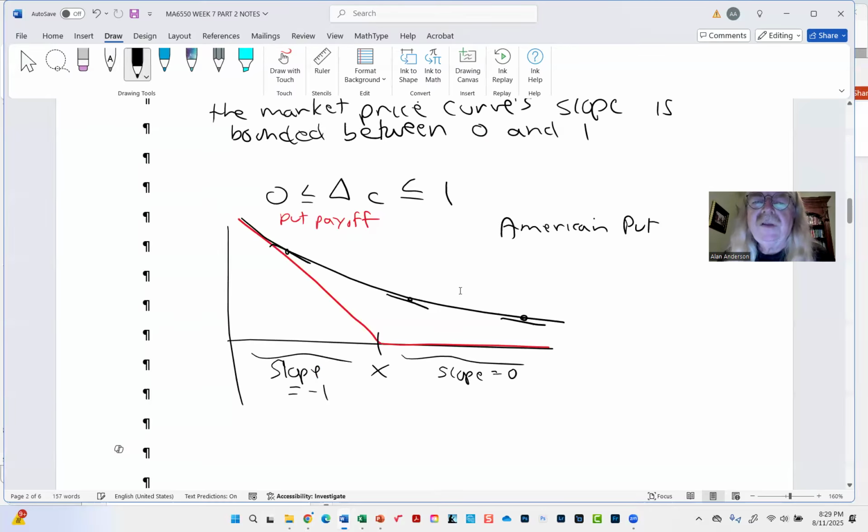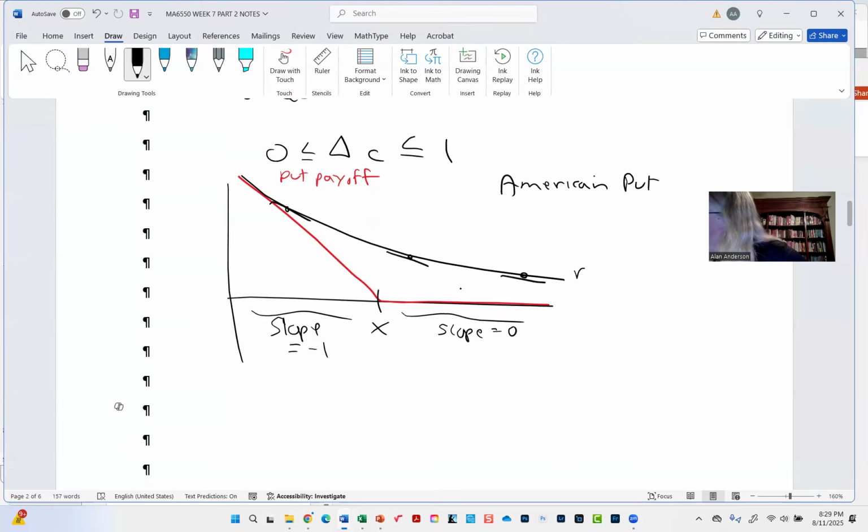So the market price curve, the slope is bounded between -1 and 0.